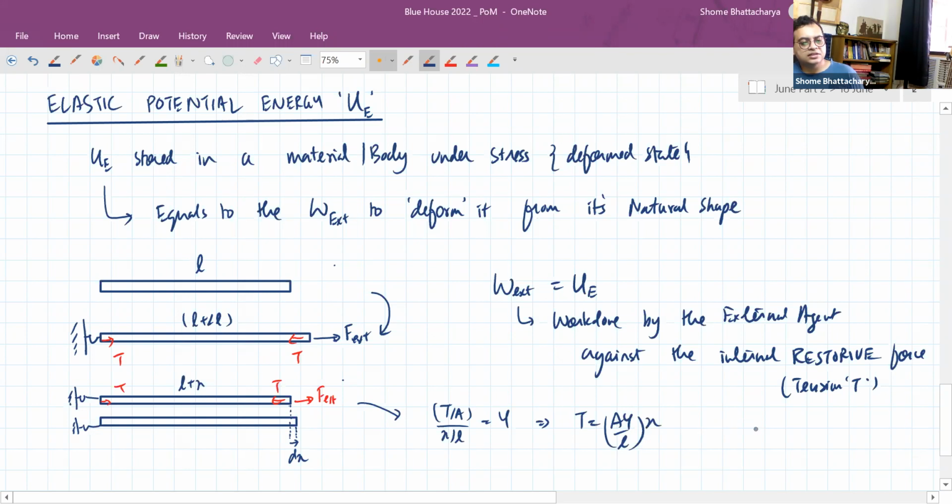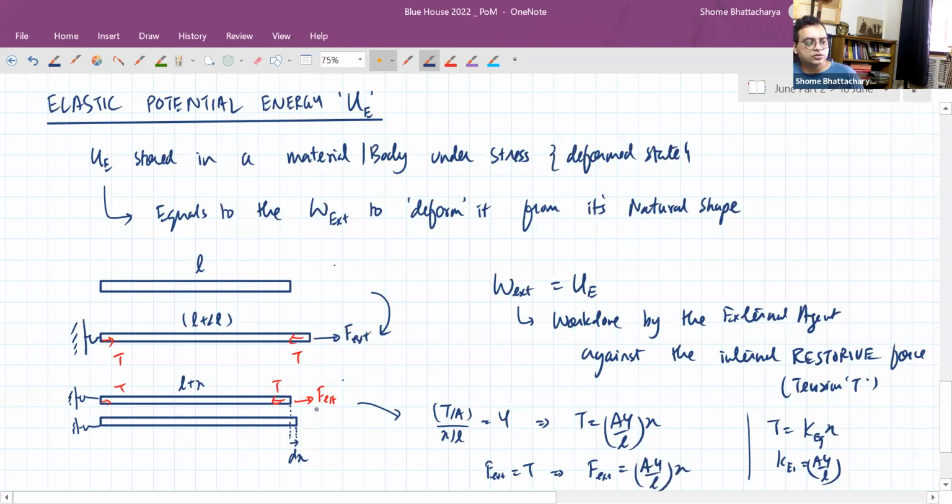The tension in general, you can also understand it like this, is the equivalent spring constant into x, where the equivalent spring constant is AY by L. So the external force, just about balancing the tension, is also AY by L into x.